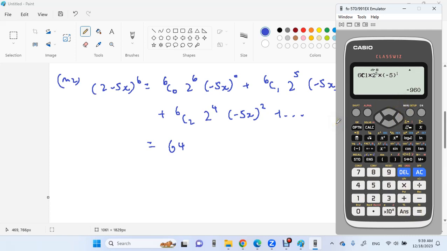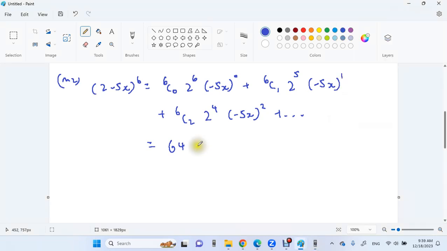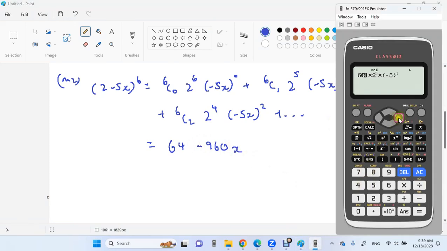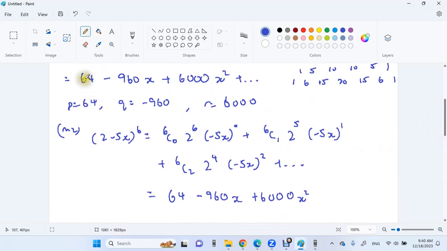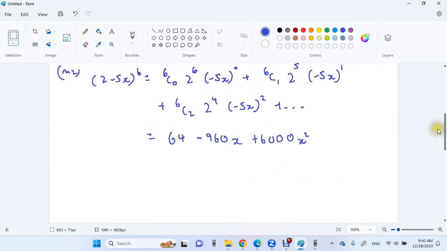Then we have minus 960x. Then we have 6C2, 2 power 4, negative 5 power 2. Then we have 6,000x squared. So these two are the same: 64 minus 960x plus this one. So the conclusion, this one will be the same.